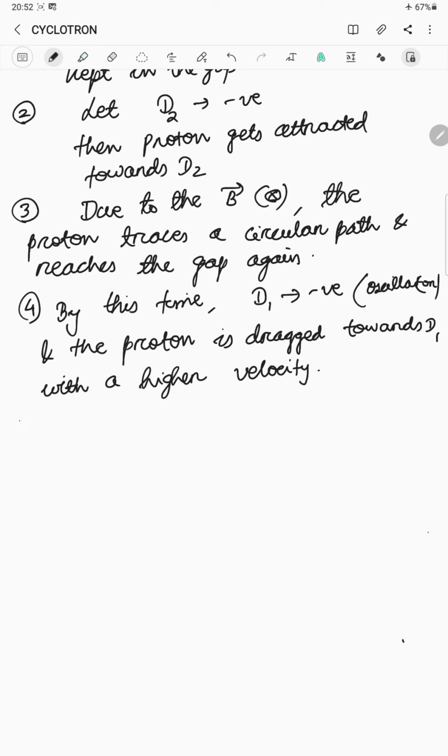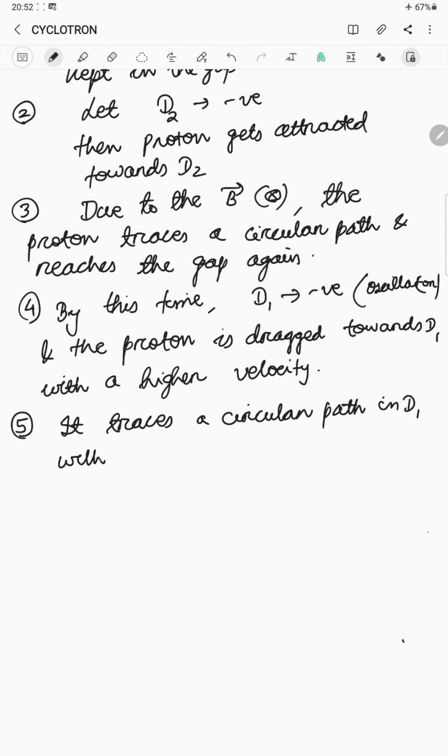Okay, and the fifth one, it traces a circular path in D1 with a higher radius. The radius is higher because the velocity is higher.